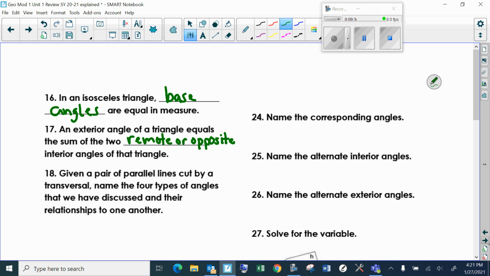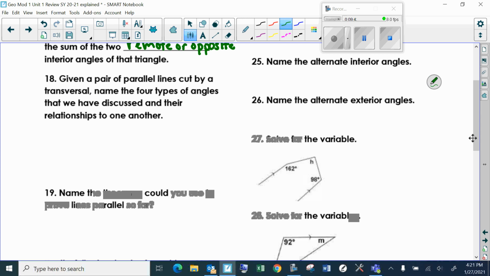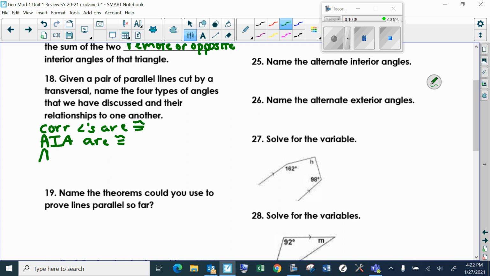Given a pair of parallel lines cut by a transversal, name the 4 types of angles that we discussed and their relationships. Corresponding angles are congruent or equal. AIA, alternate interior angles are congruent. AEA, alternate exterior angles, are congruent.